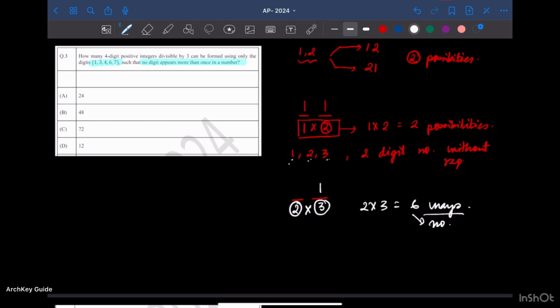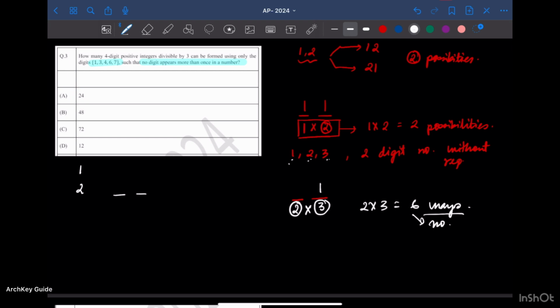Now, this is a simple basic concept, but it can become a little complex by adding variables to it. For example, in this question, divisibility has come into the picture. So if I give an example, all numbers are divisible by 1. A number is divisible by 2 when the last digit is even.